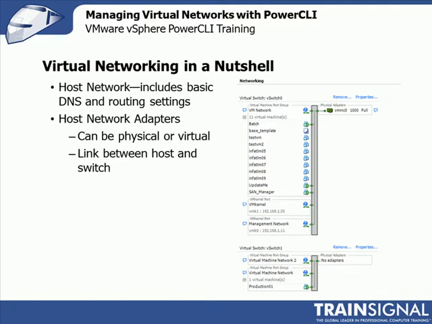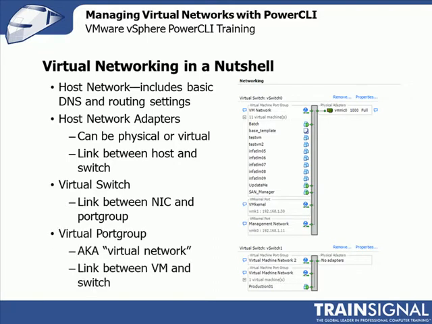Host network adapters are just that relationship between the host and the switch. Then you've got a virtual switch. This is the link between the network interface card and the port group. And then the port group is also known as a virtual network, and that is the link between a virtual machine and a switch. Now let me bring up the VI client and walk around what I've just shown you.